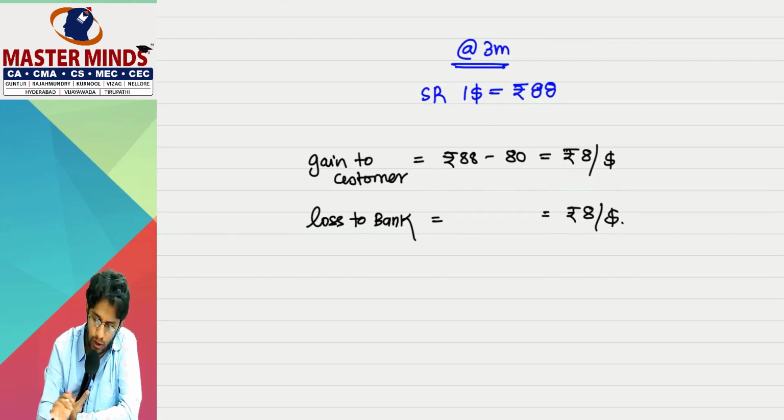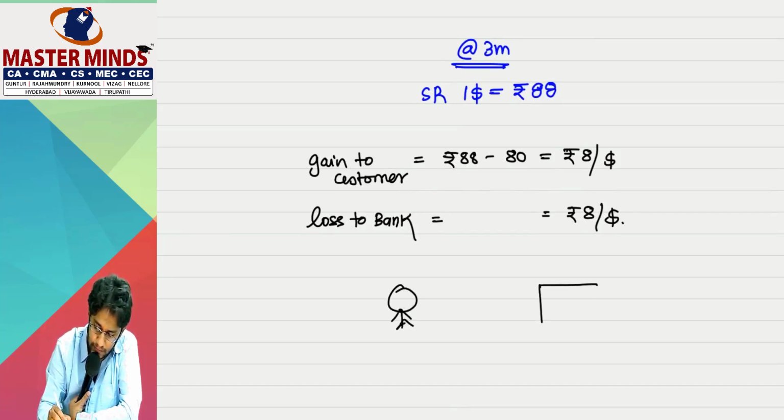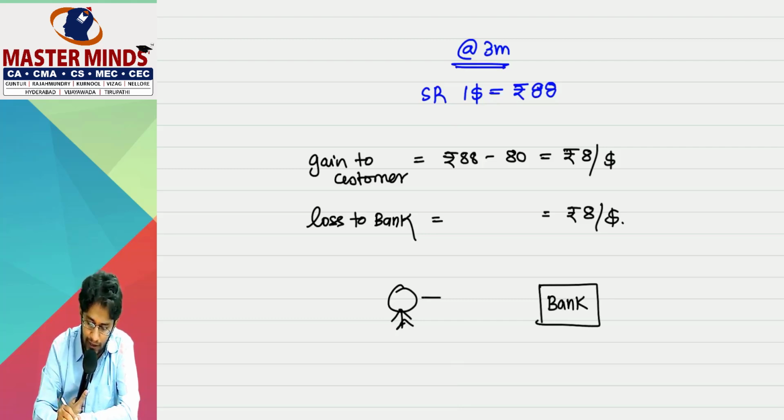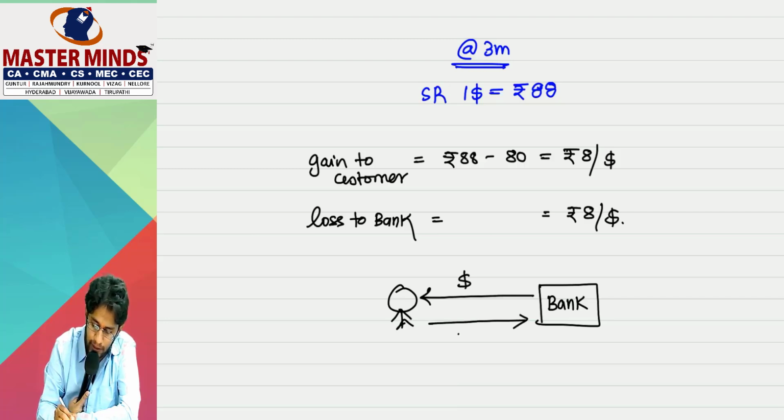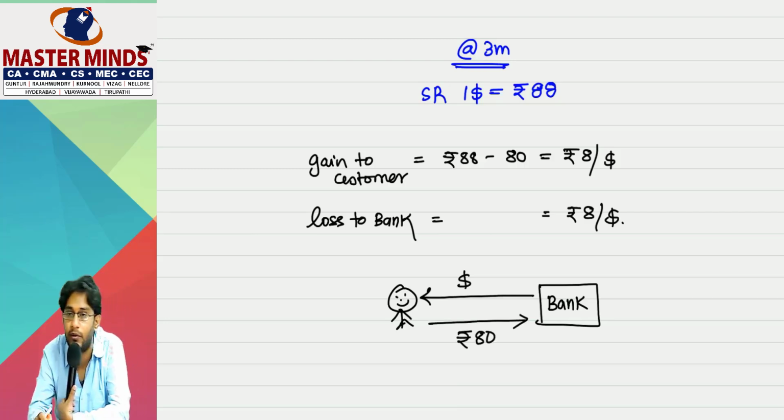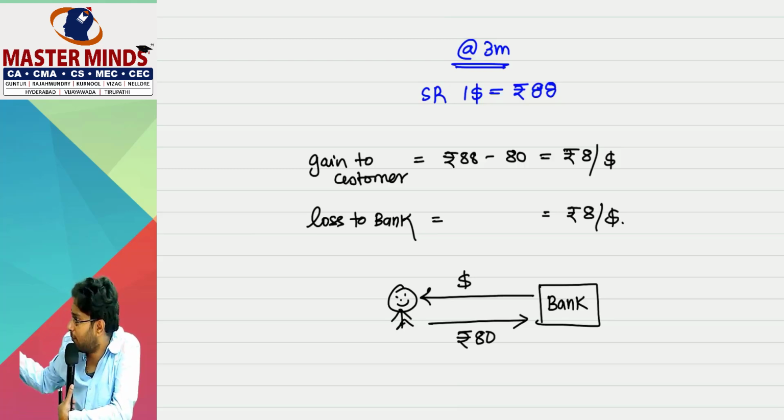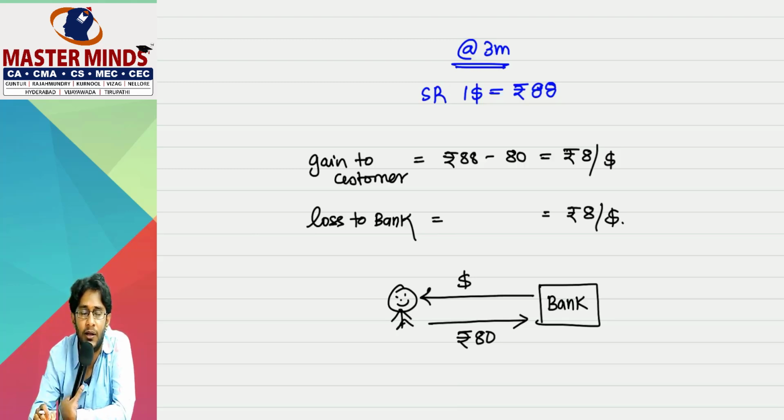This is one thing. Now on this date, the two parties, that is the customer and the bank, ideally this fellow should buy the dollar by paying an amount of 80 rupees. He is extremely happy. Why is he happy? The dollar worth is 88, but he is able to buy that only at 80.